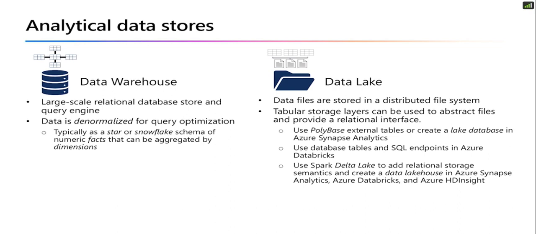Commonly, the data from a transactional store is denormalized into a schema in which numeric values are stored in a central fact table, which are then related to one or more dimension tables that represent entities by which the data can be aggregated.